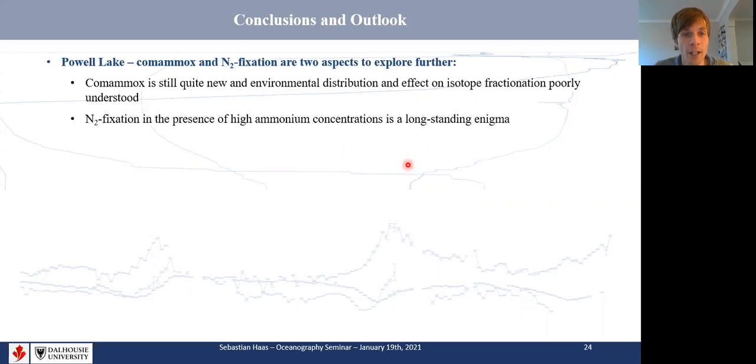Similar for nitrogen fixation, where we have the ability to study nitrogen fixation in the presence of high ammonium concentration, which has been seen before, but it's still an enigma to some extent why nitrogen fixation occurs under high ammonium concentrations.